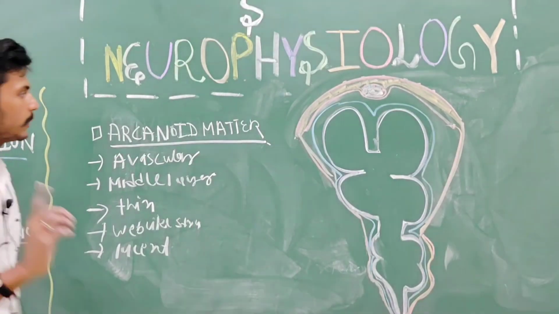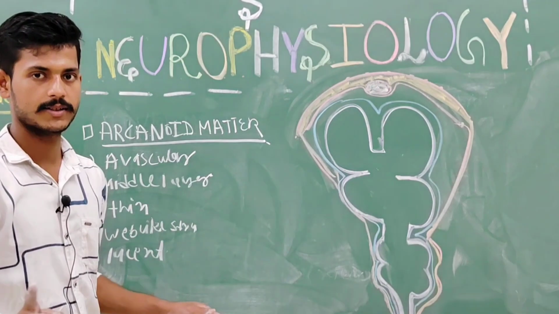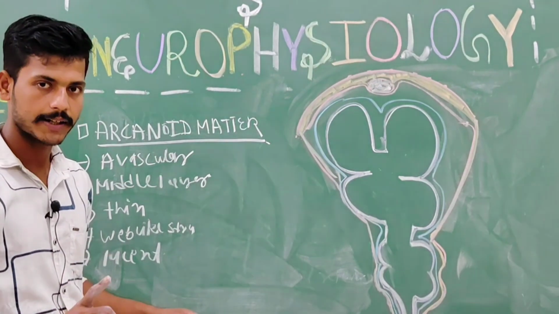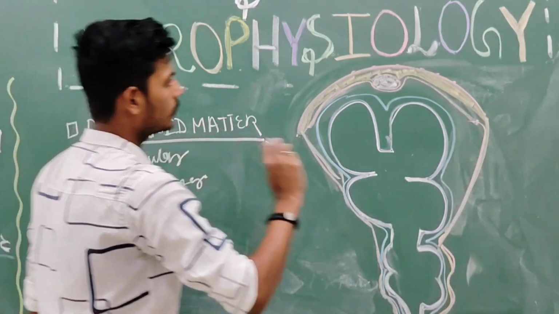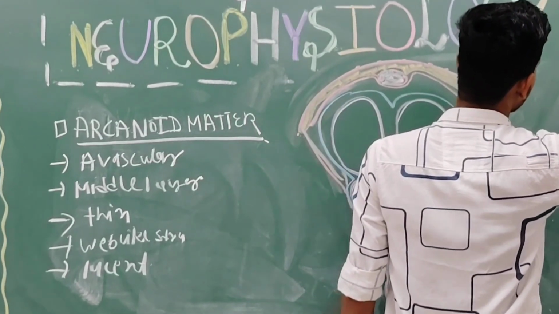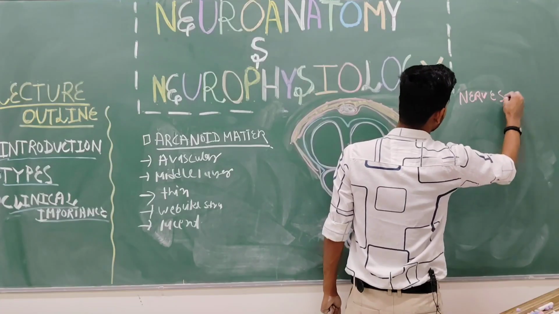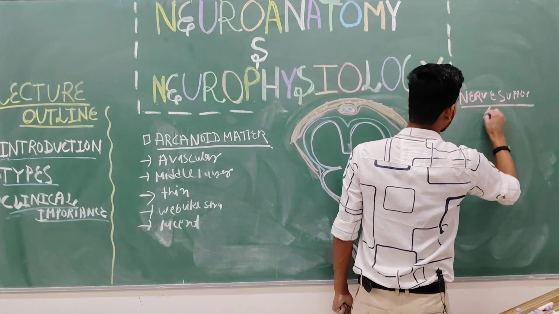Understood? Remember one thing, that the nerve supply is common for the three meninges, that's your vagus nerve, the 10th cranial nerve, and the 5th cranial nerve, that's your trigeminal nerve. Write it down, the nerve supply of the meninges: these are two nerves.